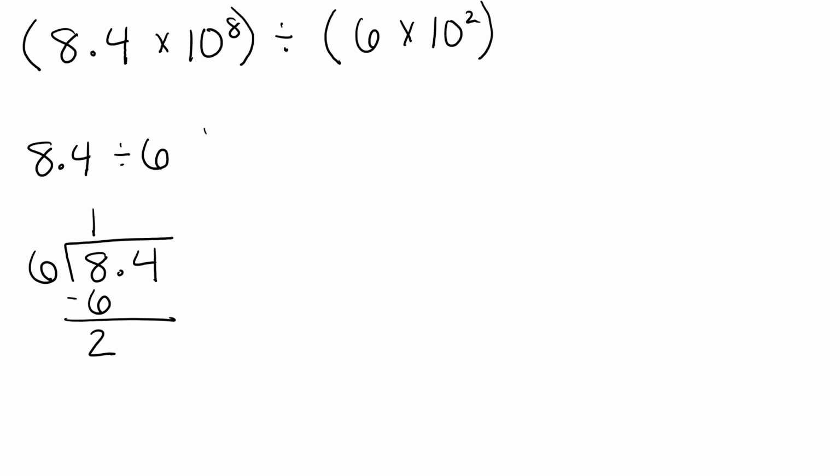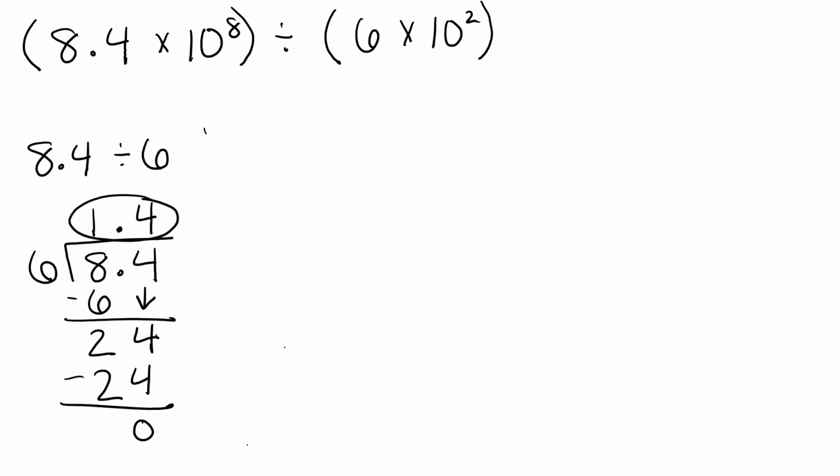Bring down the 4, and we are left with 6 that can go into 24. Six can go into 24 4 times because 6 times 4 is 24. We keep our decimal point straight up in our answer, so we get 1.4.